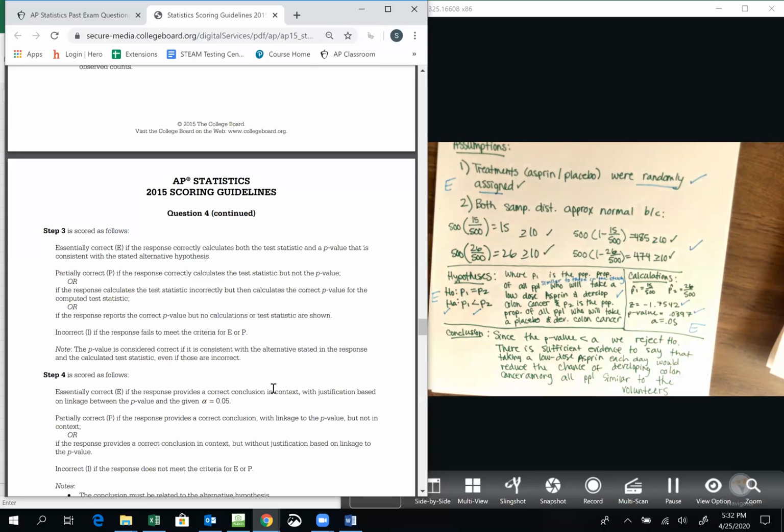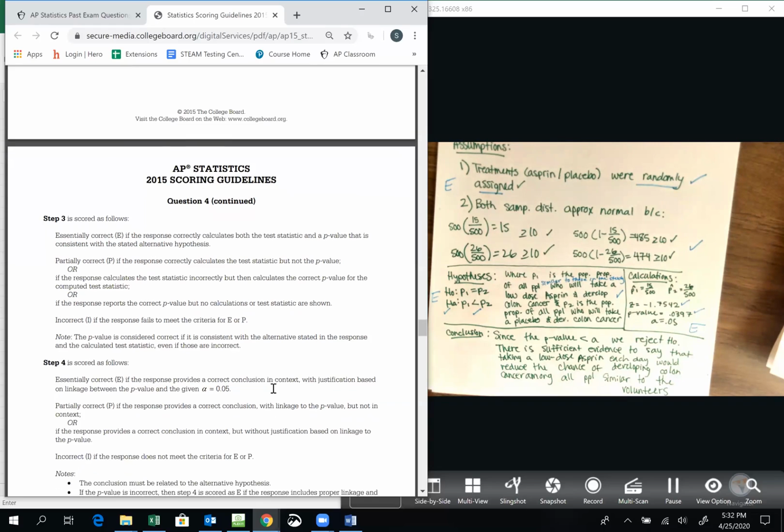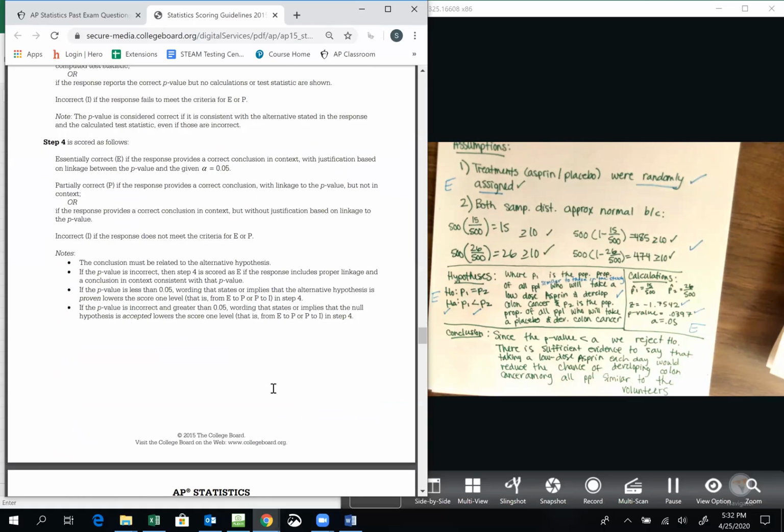Or if the response says a correct p-value but no test statistic is shown. So the p-value is considered correct based on whatever hypothesis and z-score you have. So it needs to be consistent with those things.